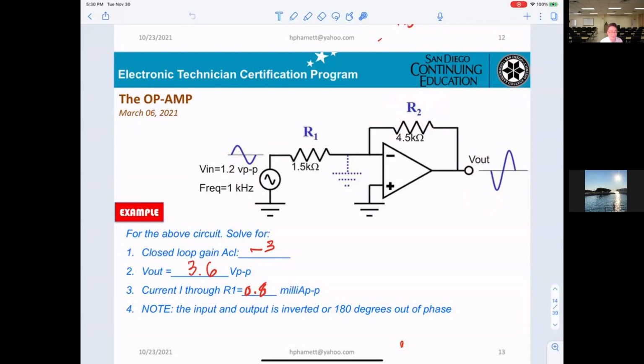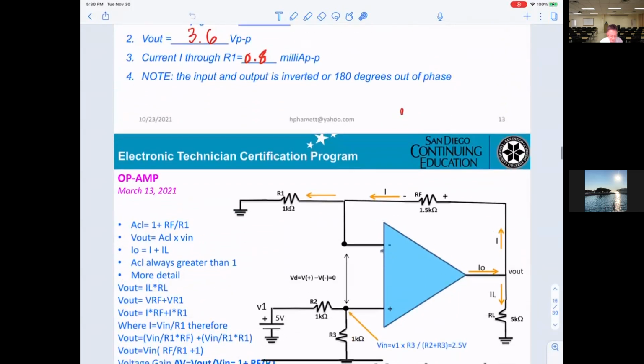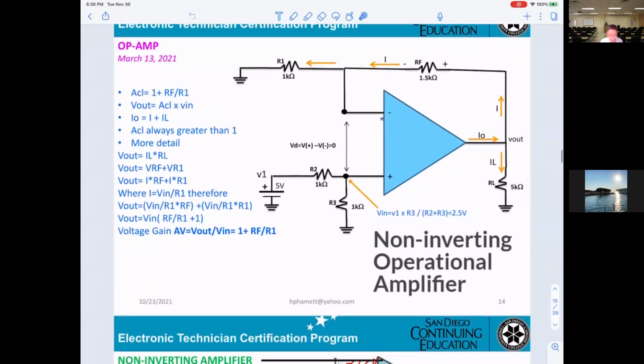Okay, if you have any questions, please stop me, okay? Now you can get another one, which is the non-inverting amplifier. Non-inverting means the input is applied to the positive of the op amp. And the gain will be equal to 1 plus RF divided by R1.